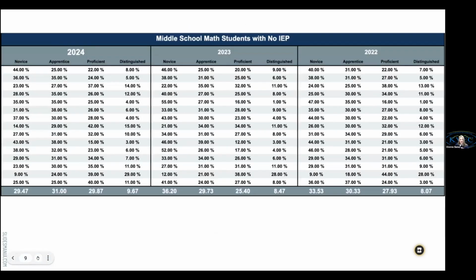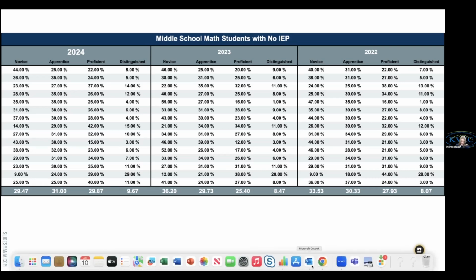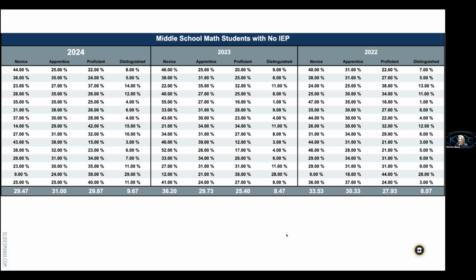Here's another one for middle school math, and we'll just do middle school math and then we'll move on to some more samples, but I'll let you all take a look at this one. This is no IEP for middle school math. If I was thinking about the middle school math, I would probably do 29.87 and add the 9.67. And I'm thinking about, it looks like we have about 39.54% proficient and distinguished for this region.